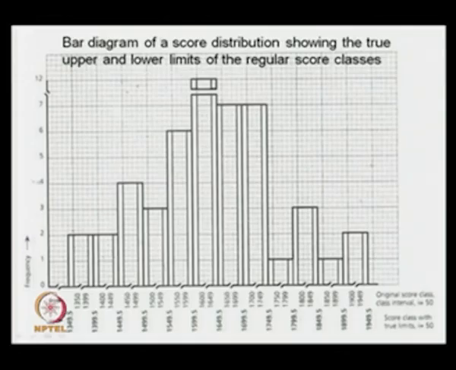But if we make a graph, this portion remains blank, means data from 1350 to 1449, this portion remains vacant.